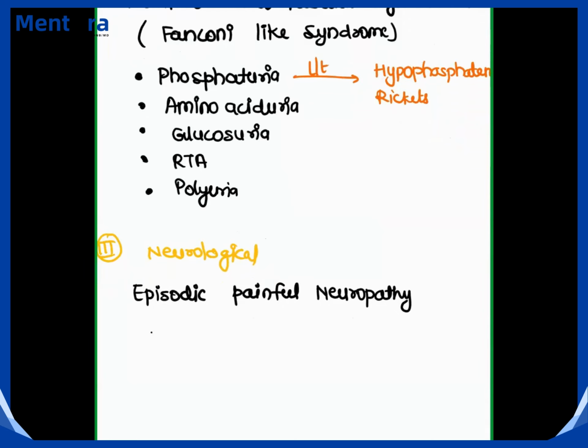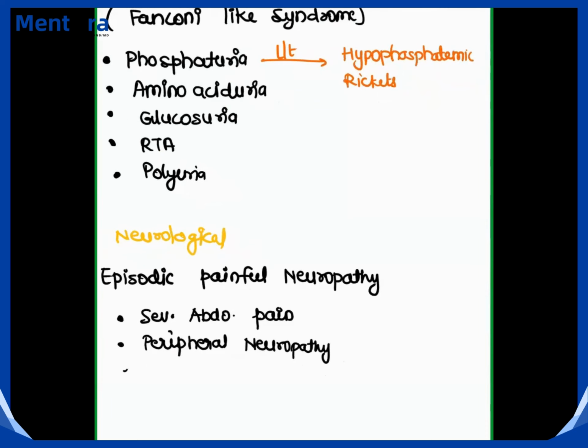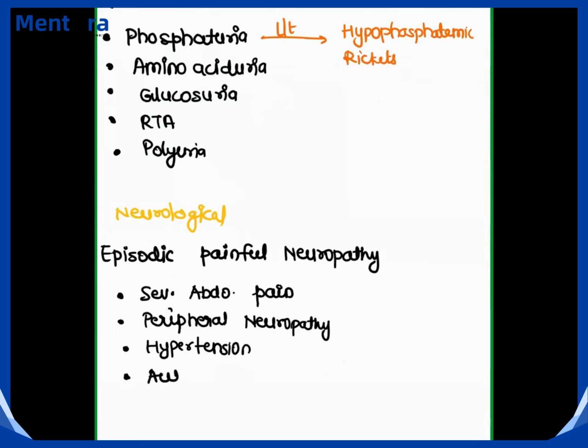So there is severe abdominal pain, peripheral neuropathy, hypertension, autonomic instability, and ultimately leads to respiratory paralysis.